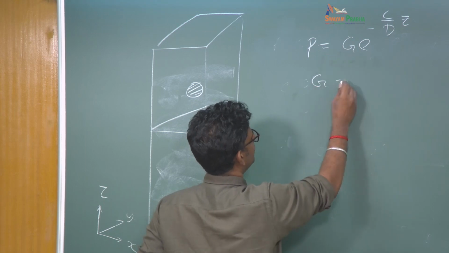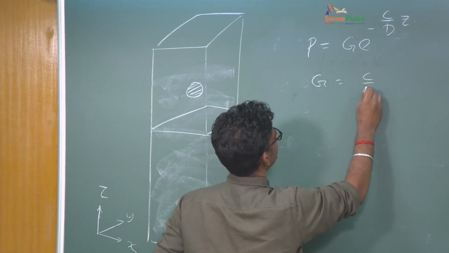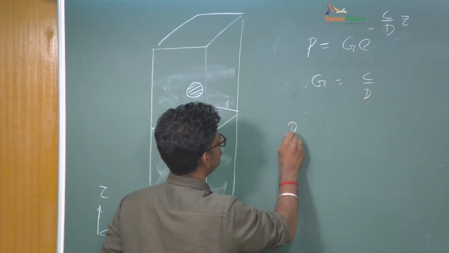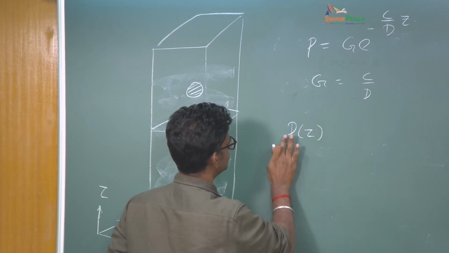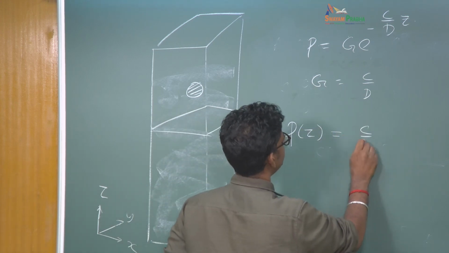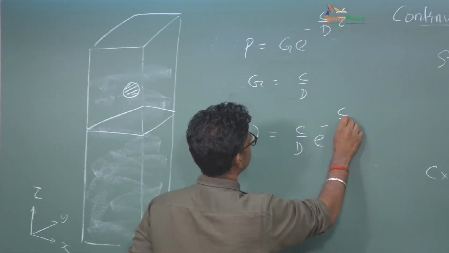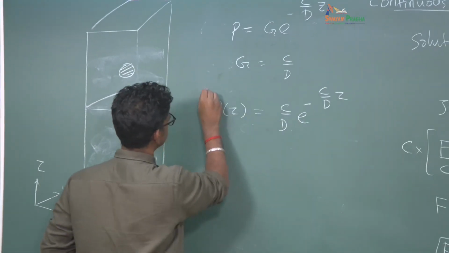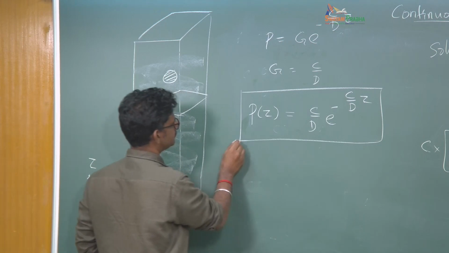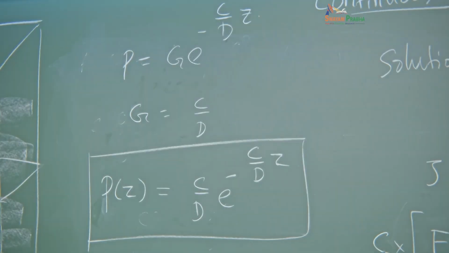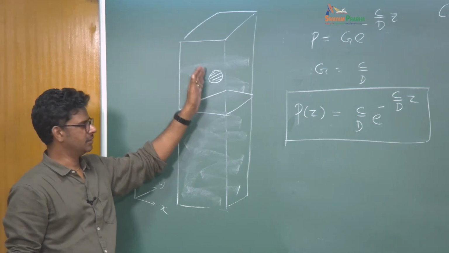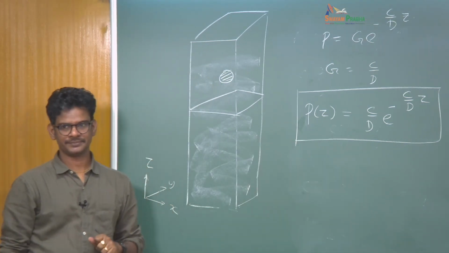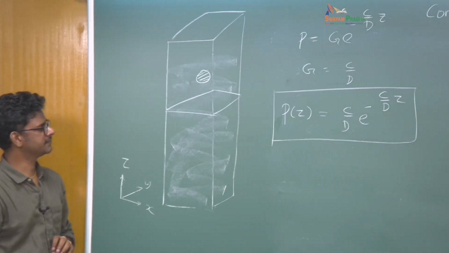If you apply the normalization condition, you will see G is nothing but C by D. So P of z is given by C/D e to the power minus C/D z. So at equilibrium, the probability distribution of this single particle will follow an exponential distribution. That's what this means.